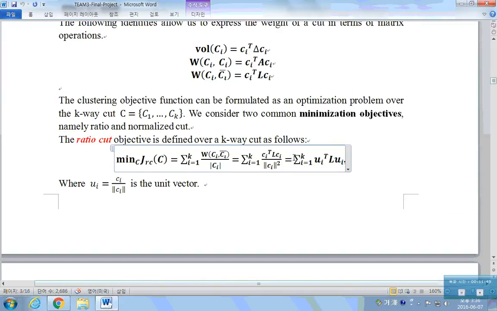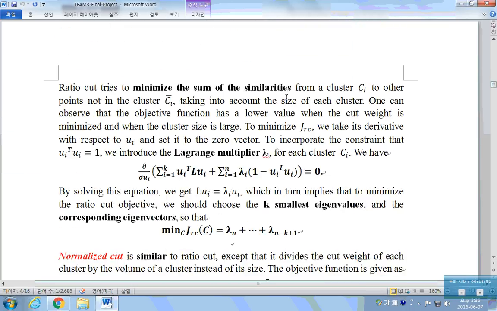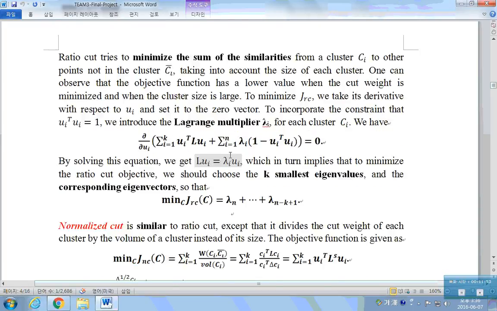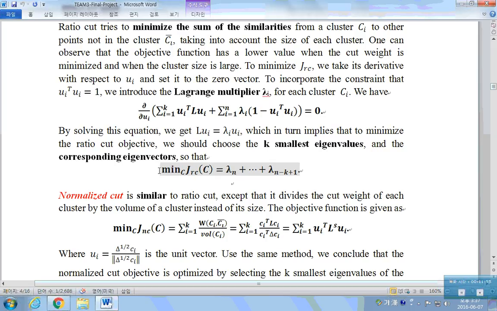And by some method, we can conclude that the minimum of this value equals the sum of the k smallest eigenvalues of the Laplacian matrix. That's the main idea about clustering related to the eigenvalues.